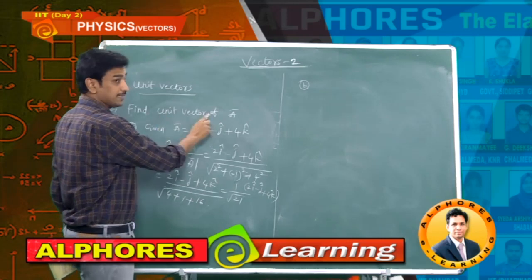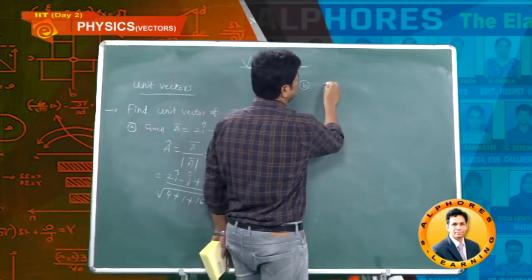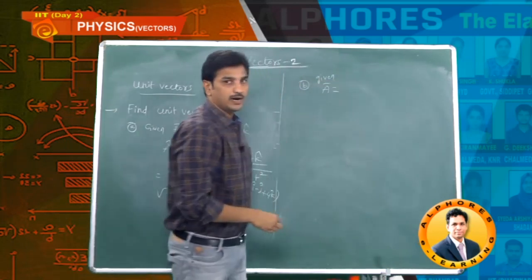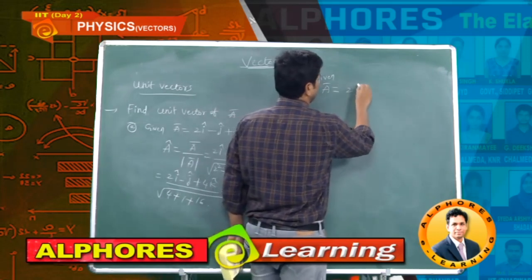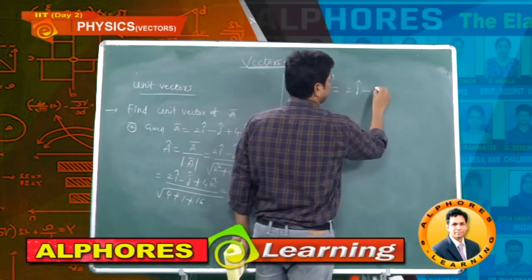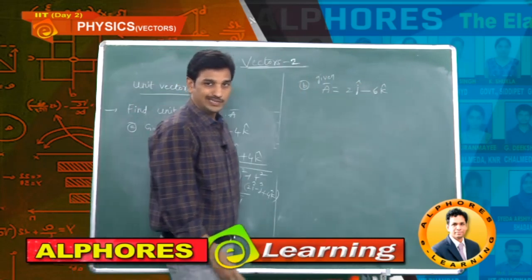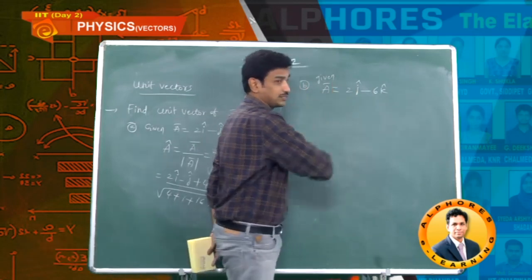Now one more. Same thing, the heading is the same: unit vector of A bar. Now I will take A bar given in the question: A bar is equal to 2 j cap minus 6 k cap. Now you can feel it, this vector is in 2D because it has two components.